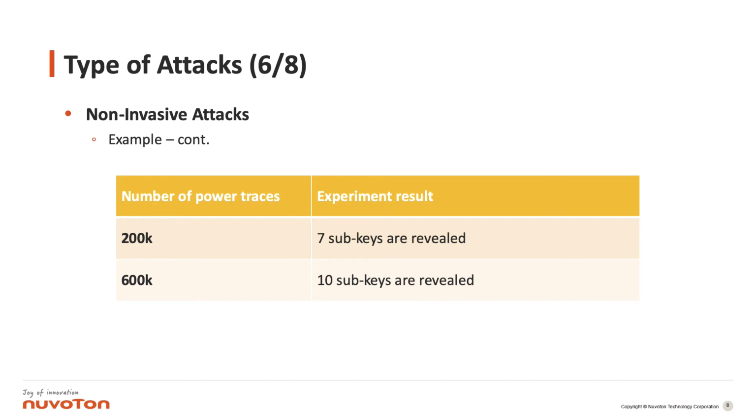In the analysis of 200,000 power traces, 7 of the predicted subkeys are consistent with the encryption key. When 600,000 power traces were captured for analysis, the number of correctly guessed subkeys increased to 10.